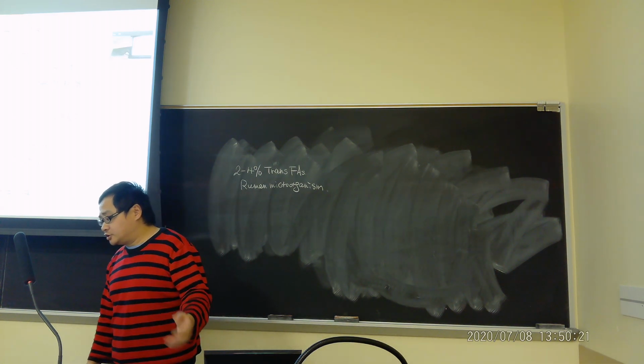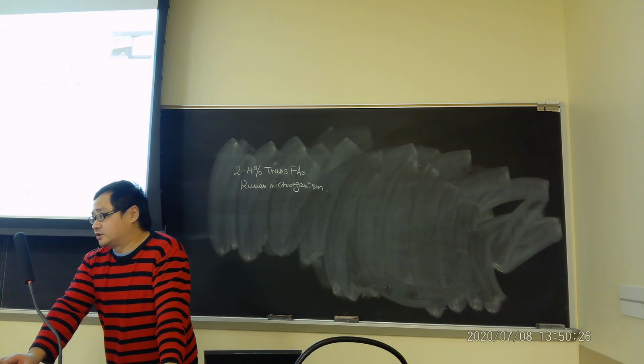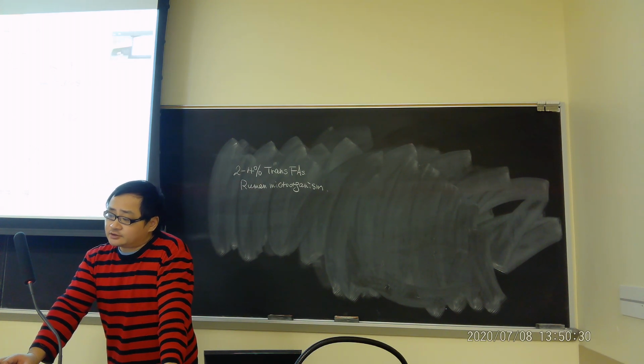That's the reason the trans isomer of fatty acids in the milk fat is 2 to 4%. So this tells us that in milk products, in the milk, we do have trans isomers, which is 2 to 4%.